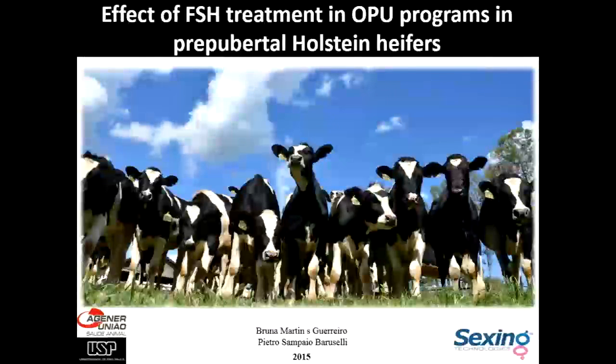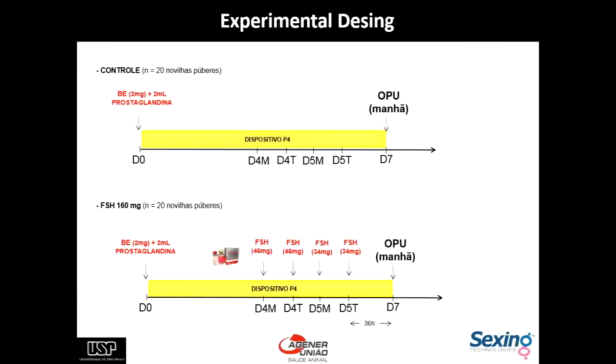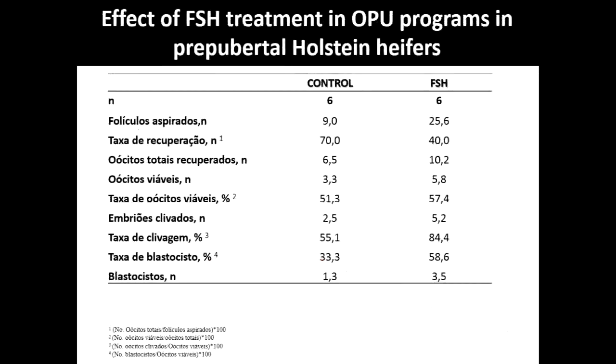So what we are trying to do also is treat the prepubertal animals with FSH. This is an experiment that we are doing using FSH in prepubertal heifers. This is the protocol. One group received FSH, another group didn't receive FSH. And we can see here, when you use FSH, we improve the cleavage, the blastocyst rate, and the number of blastocysts per OPU in prepubertal heifers.